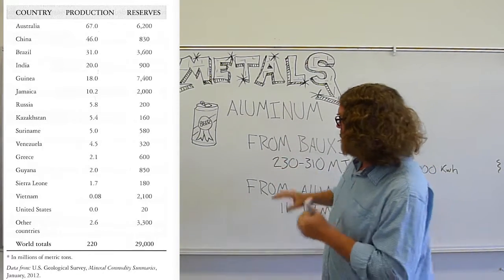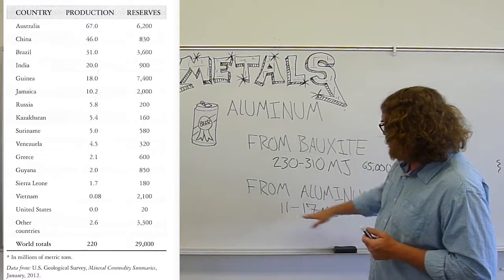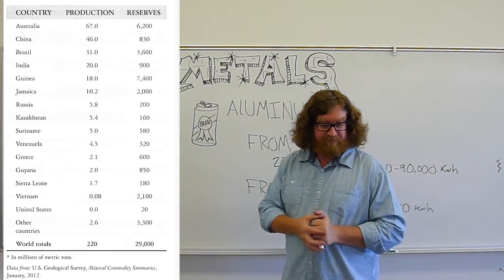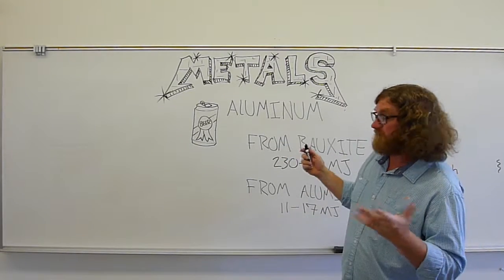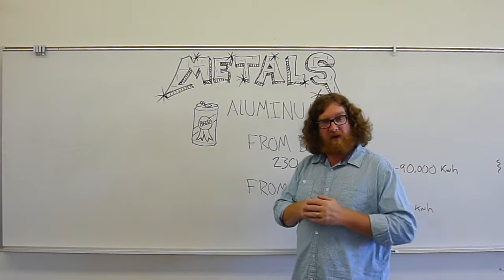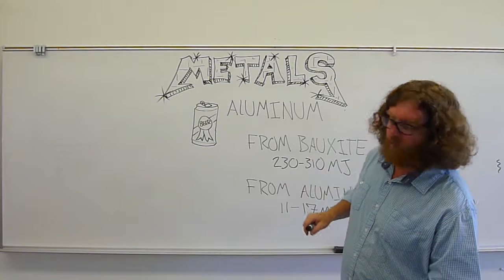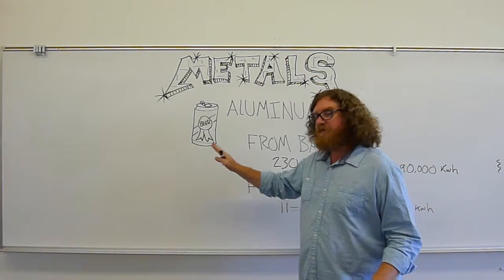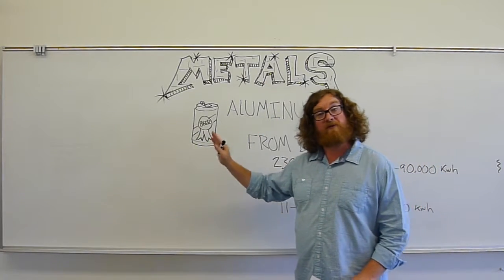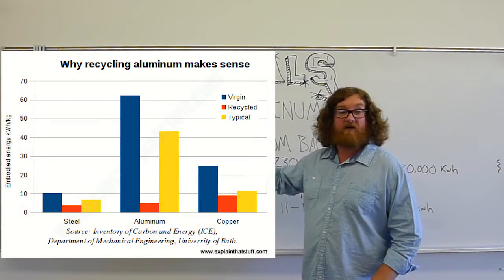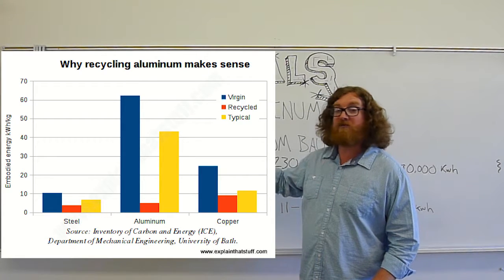And then I wanted to get back to this notion of the amount of energy used. You can see this is a pretty colorful diagram, blue, red, and yellow, showing the amount of energy to produce that metal from ore, to produce that metal essentially from itself, or to do a hybrid.